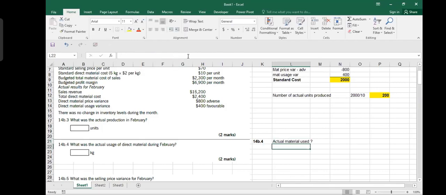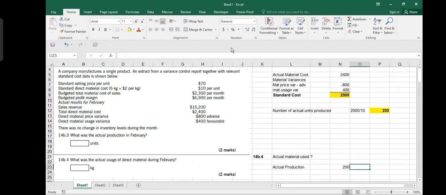So how can you find out? I know my actual production is 200, right? And what is the quantity I use in one unit? If you see the question, they told you that in 1 unit you use 5 kilogram, and you already calculated that you produce 200 units. So 200 multiplied by 5, my usage should have been 1000 kilogram.